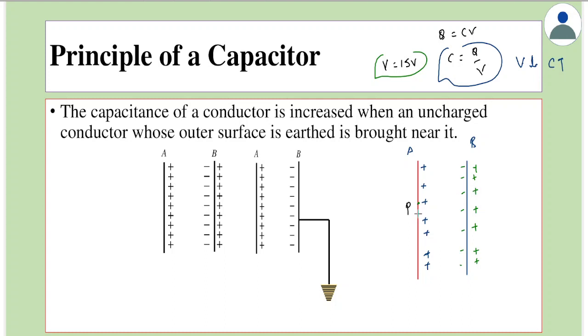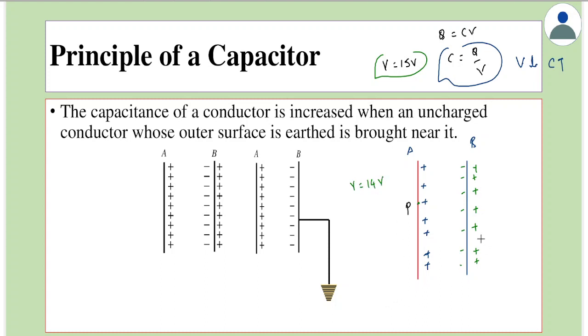So the potential has decreased, but we want to decrease it further. Keep in mind that since this side contains negative charge, the potential at point P decreases. For example, think now it becomes 14 volt.